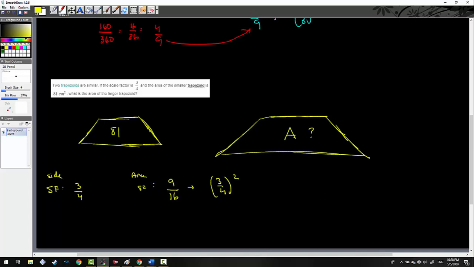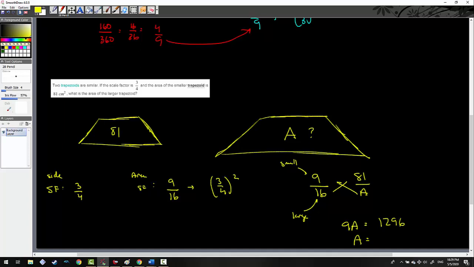Well, what I do is I set it up exactly as I did with another proportion when I did similar triangles or any kind of similar figure. I'm going to say 9 is to 16, which is my area scale factor, and because I'm going small to large, my setup is going to be 81 is to A. And I'm going to cross multiply, so 9A is equal to 81 times 16, which is kind of a large number, but if you have a calculator, you'll find that it's 1296.